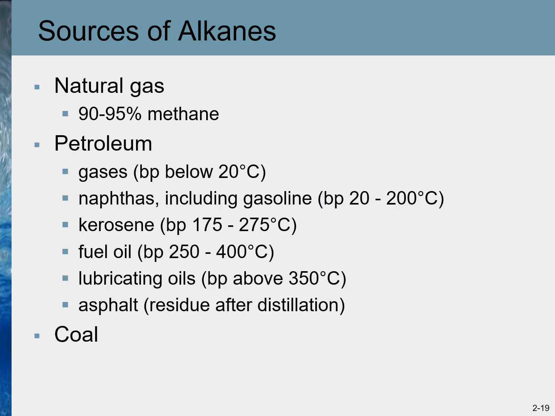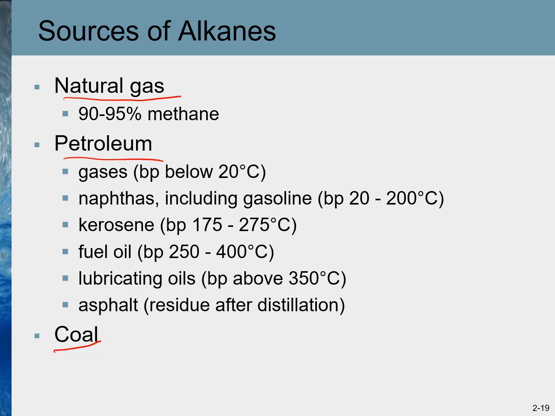Alkanes are sourced from fossil fuels. And the three main sources of alkanes are natural gas, petroleum, and coal. Fossil fuels are a major source of energy in the United States and in the rest of the world, although renewable sources such as solar, wind, and nuclear are becoming more and more popular because of harmful environmental effects of fossil fuels.